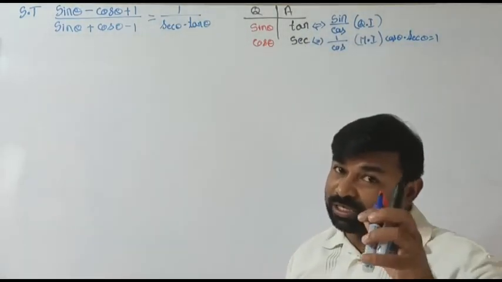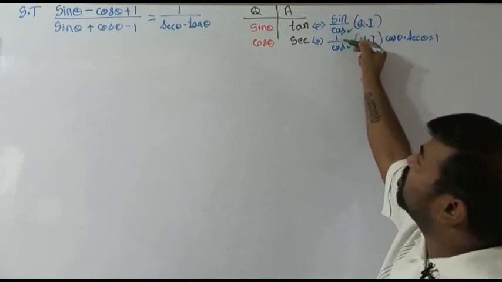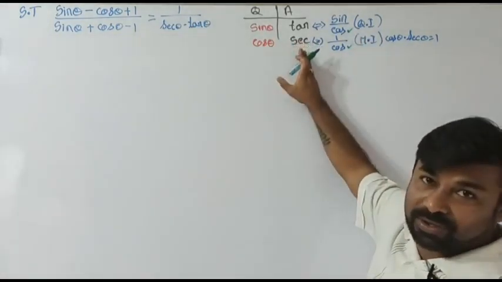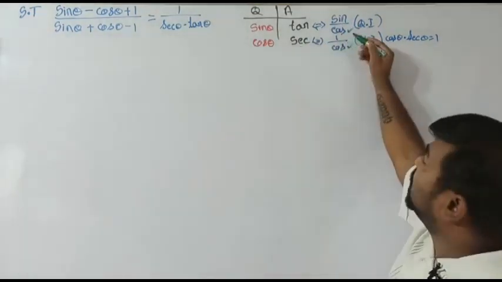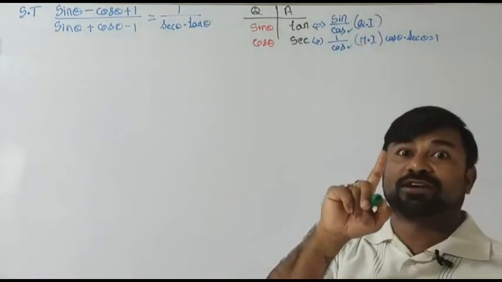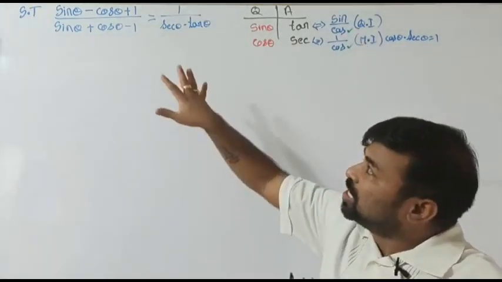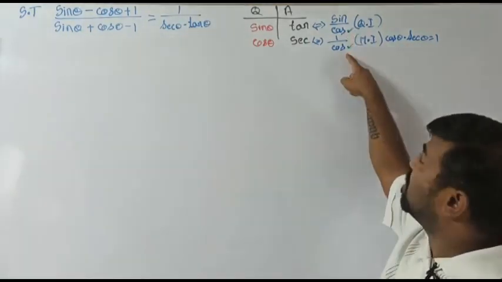Now, if you observe carefully, in both the denominators we are having cos. That's the point we have to observe here. So the denominator is cos.